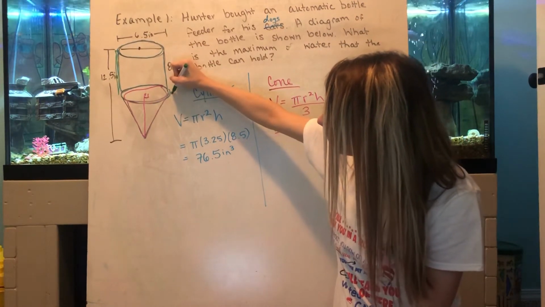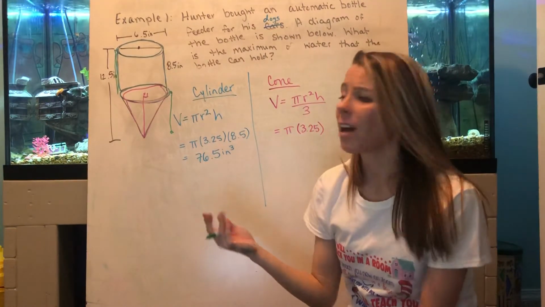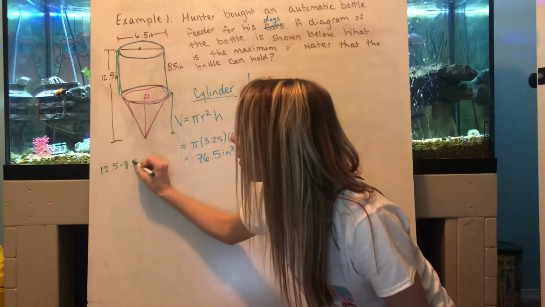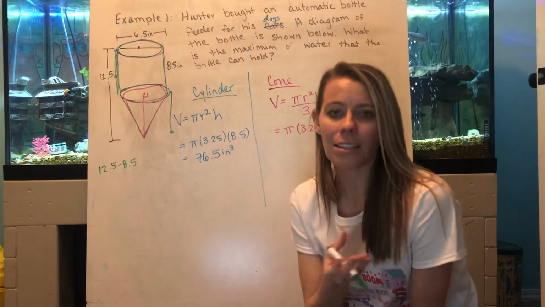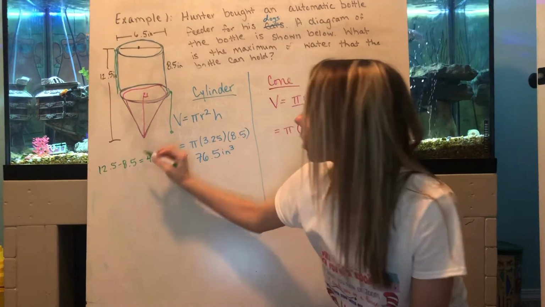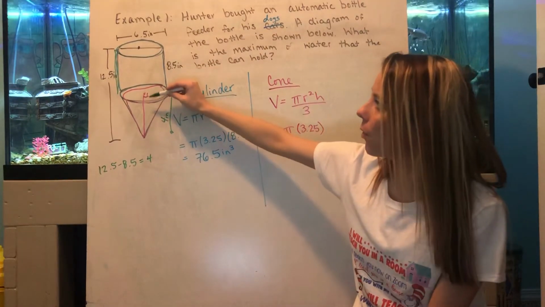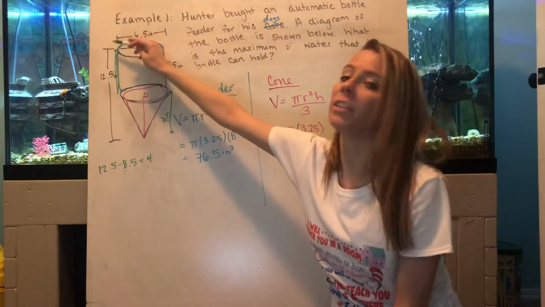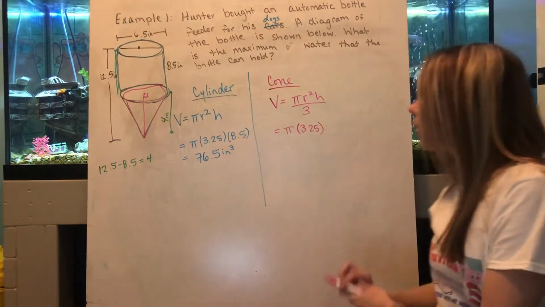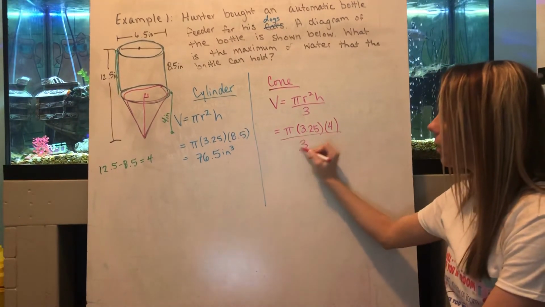So to get from 8.5 all the way down to the rest of my 12.5, I could take 12.5 minus 8.5 to figure out what distance is left for my cone. So whenever I subtract those, I get 4 inches for the height of my cone. 4 plus the 8.5 would give me a total height of 12.5. So 4 is the height of the cone divided by 3.